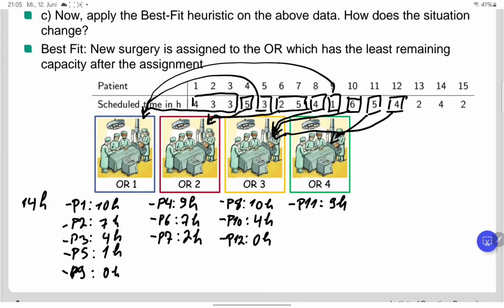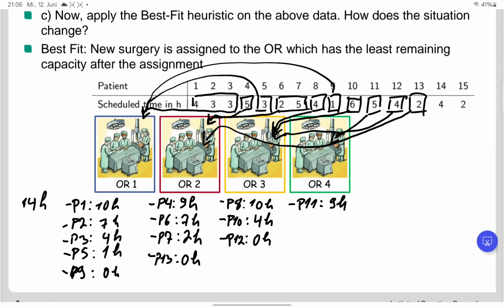Okay, patient number 13 requires 2 hours, and we see that operating room 2 has exactly 2 hours of capacity left, and this is why we assign this patient to the second operating room. Okay, so this is the 13th one. And also here we have 100% utilization, no idle times at all. Okay, and that means operating rooms 1, 2, and 3 are fully packed.